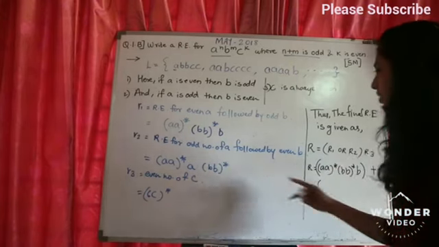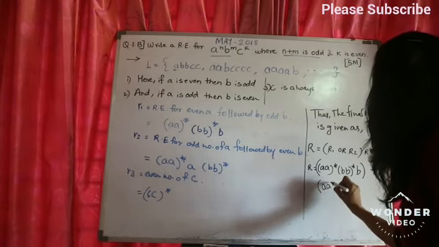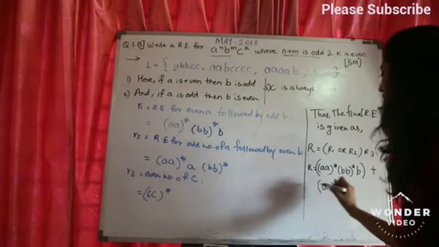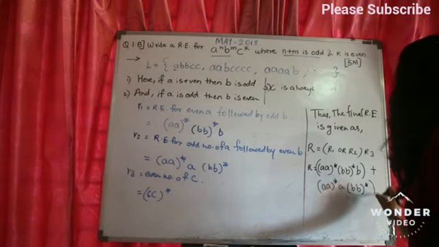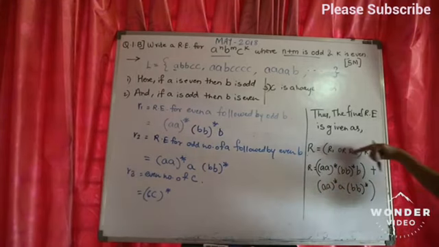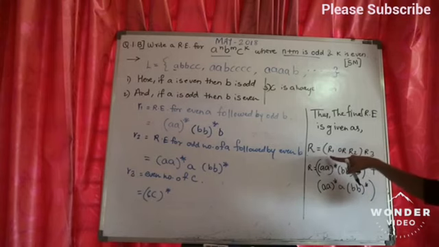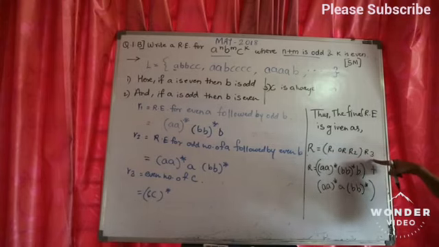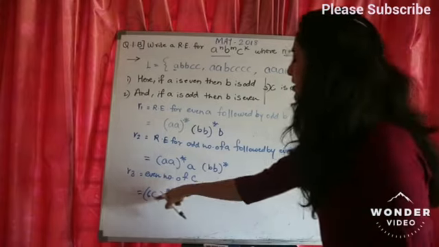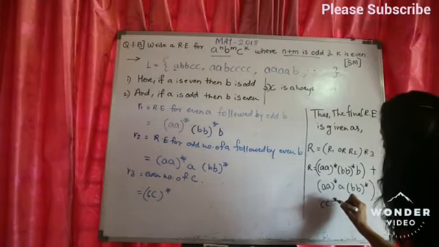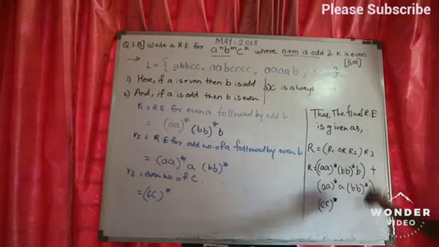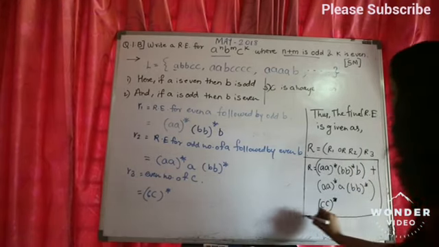That is the second regular expression, which is (AA)* A (BB)*. This entire thing is joined with plus, that is, these both are ORed. After R1 and R2, we are going to write R3. What is R3? R3 is (CC)*. That is CC closure. This entire final regular expression is given by this R.